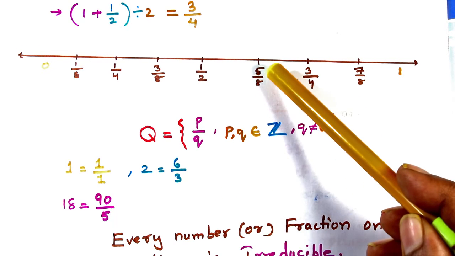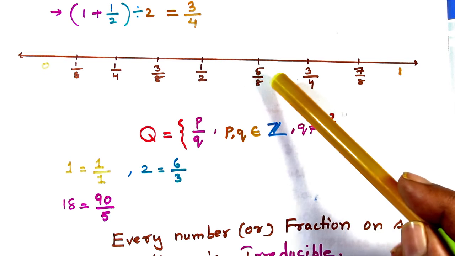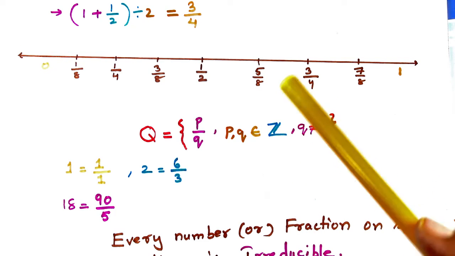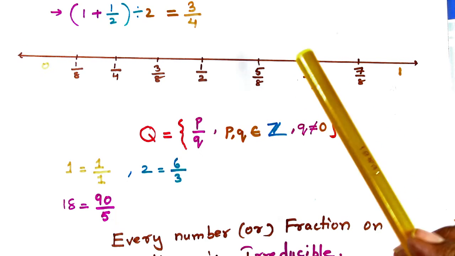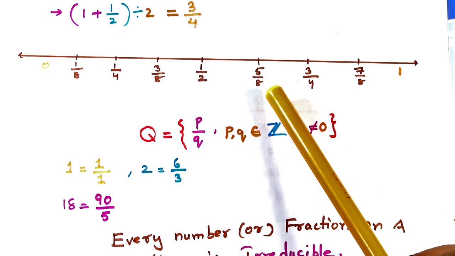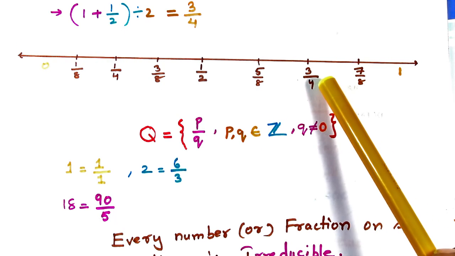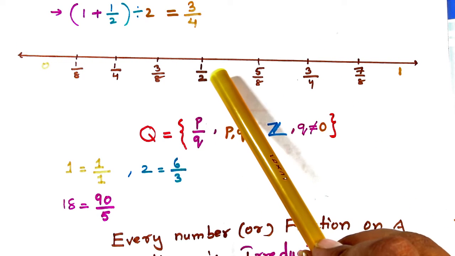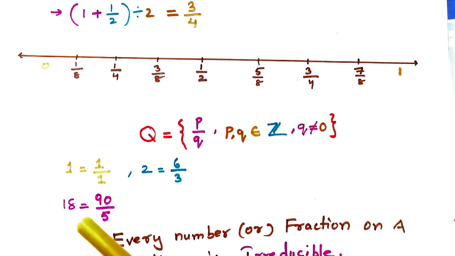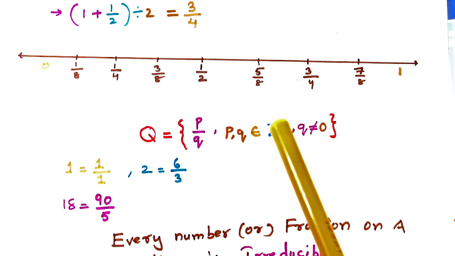That is, as you can see, we have 5 by 8 or 3 by 4. One is odd, one is even. Here one is odd, one is even. Here we have one odd and another one even. So all these numbers are present in the form of odd or even.